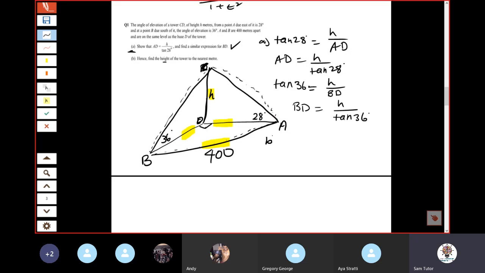All right, B, the question just says, hence, find the height of the tower. Well, it's actually easy now. I know that AD squared plus BD squared must equal 400 squared.